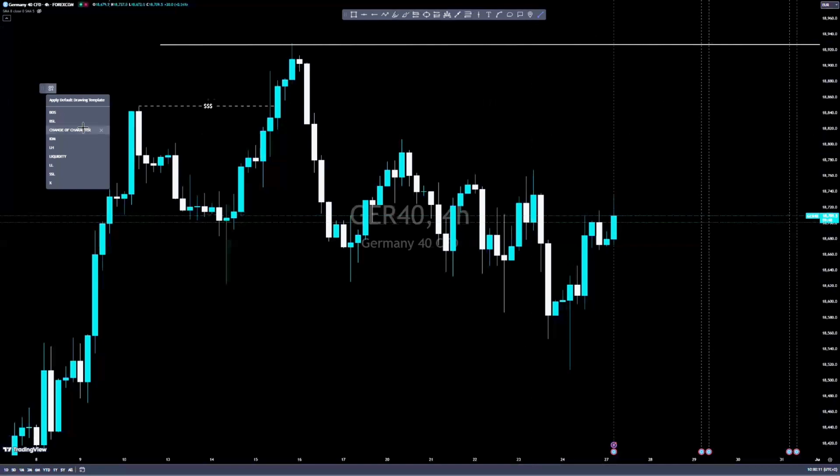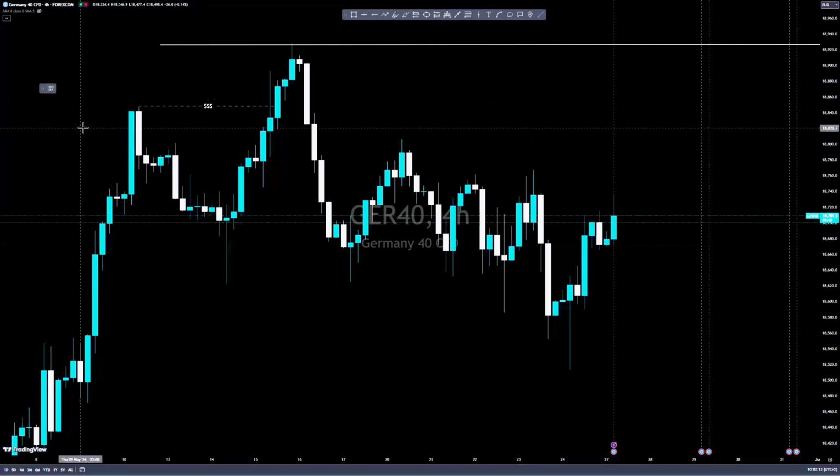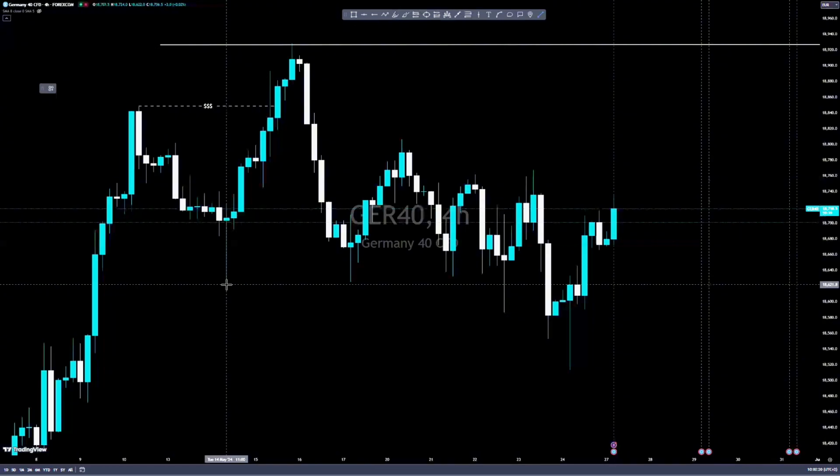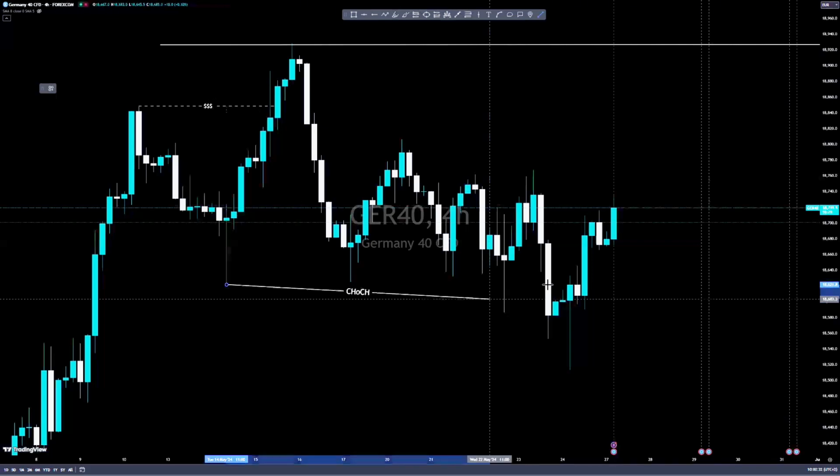A change of character represents a possible change of trend, right? But here it's not really about changing trend. We are looking for sells to buy. We're looking to sell in order to buy. So this will be our change of character.